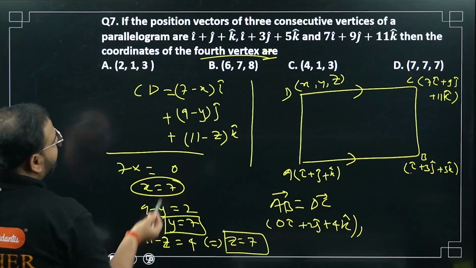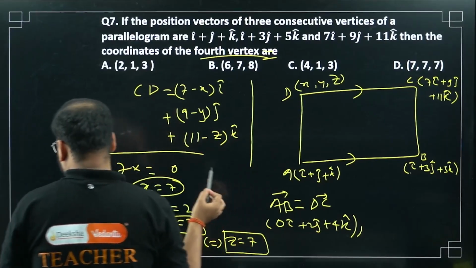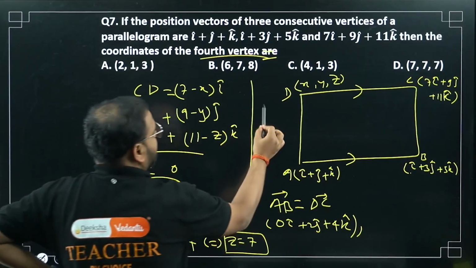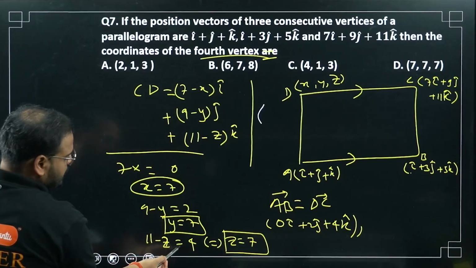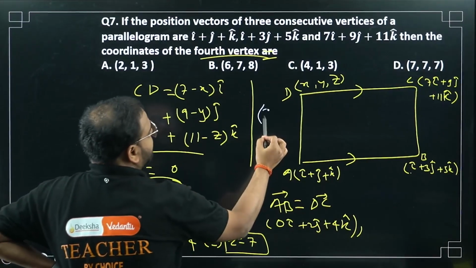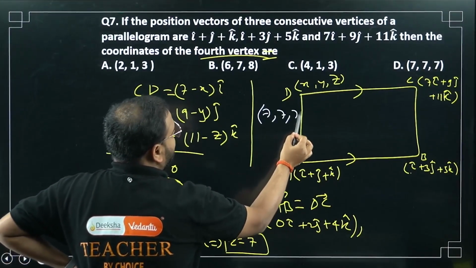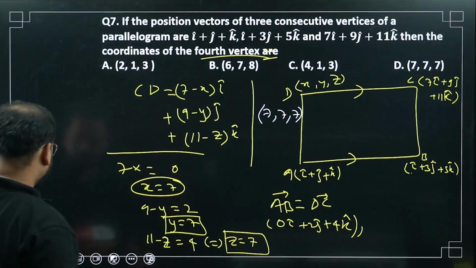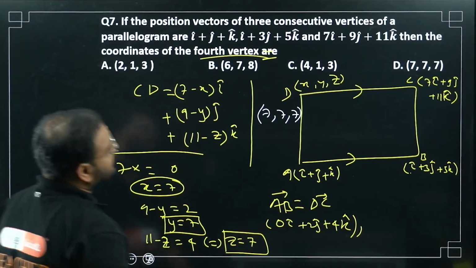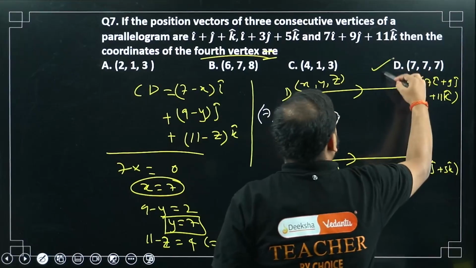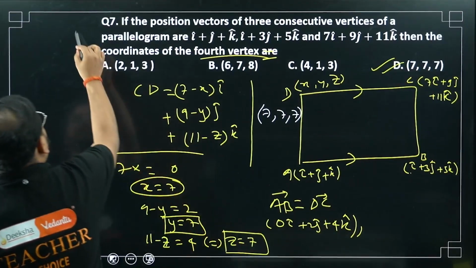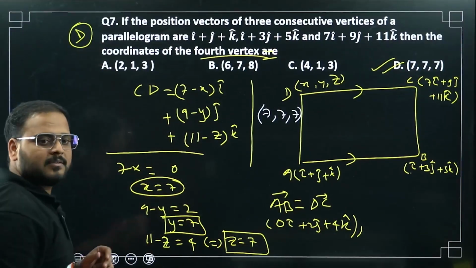So what is the coordinate for point D? x is coming as 7, y is 7, z is 7. So 7, 7, 7. My correct answer is option D. Simple enough.